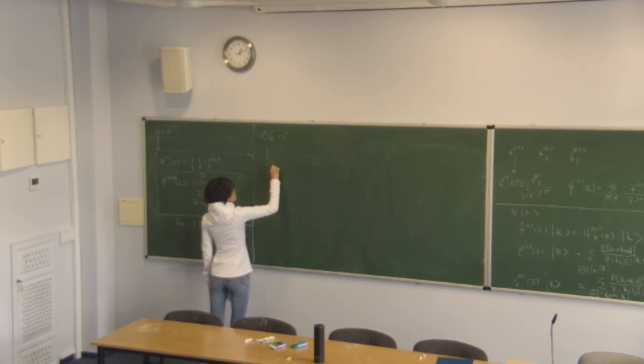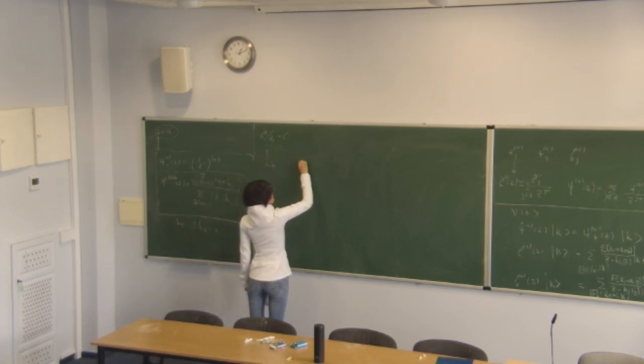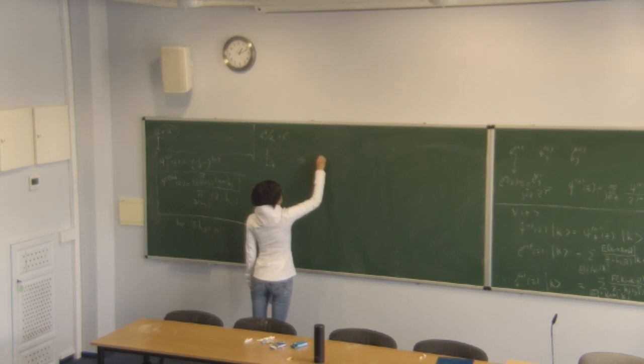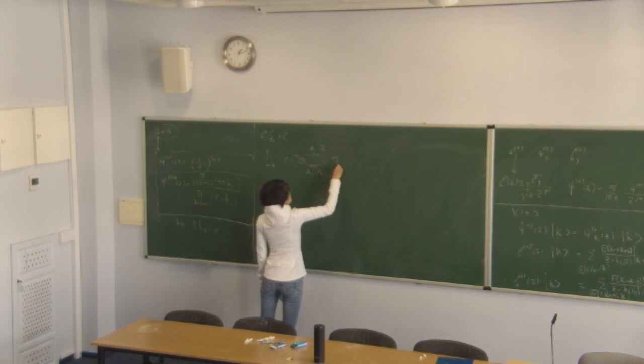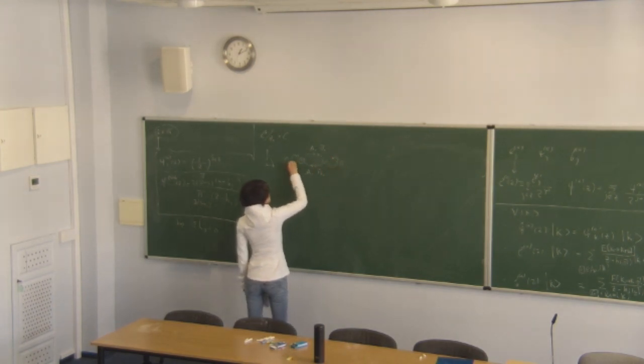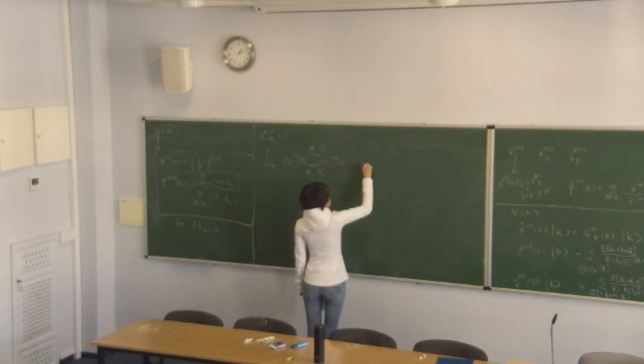This is the toric diagram, this is the quiver, and this is the superpotential.